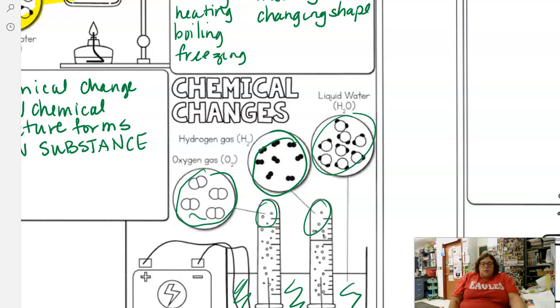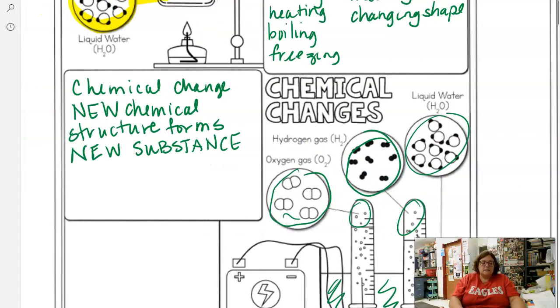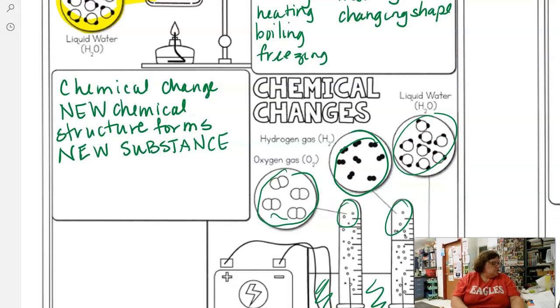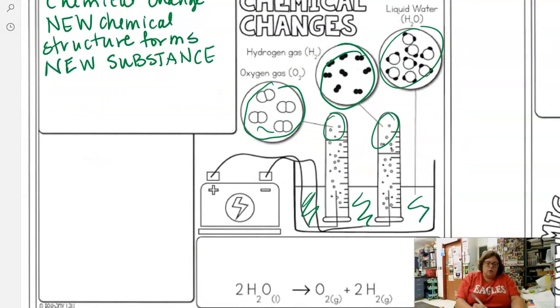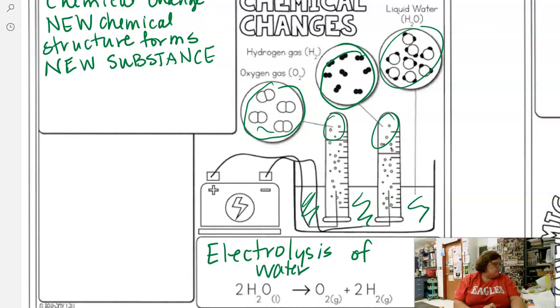Okay? So they were together in a 2-to-1 ratio, and now you've got oxygen in pairs and hydrogen in pairs. That's an example of a chemical change. This is called electrolysis of water.